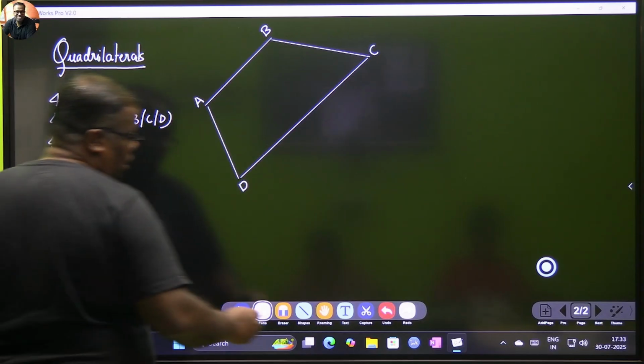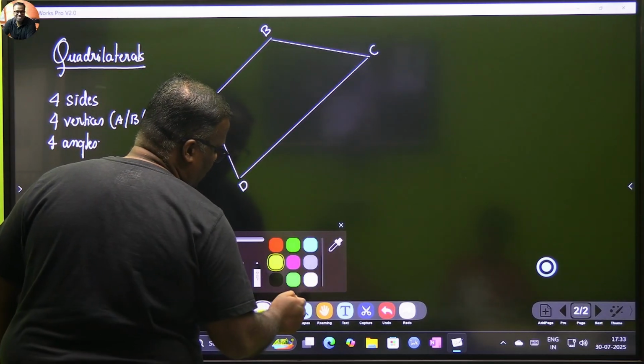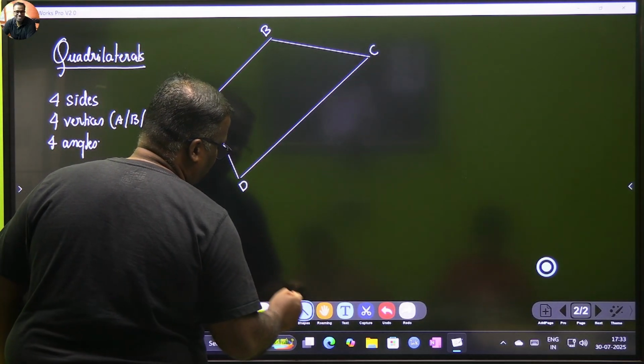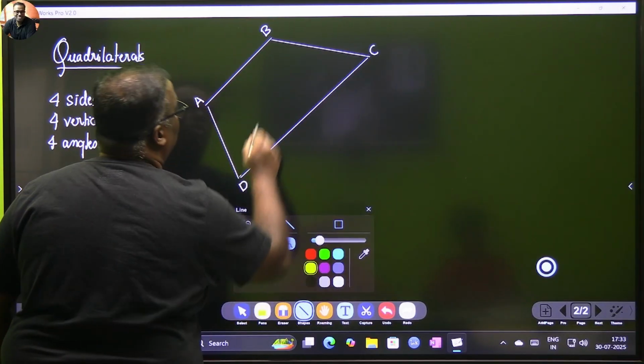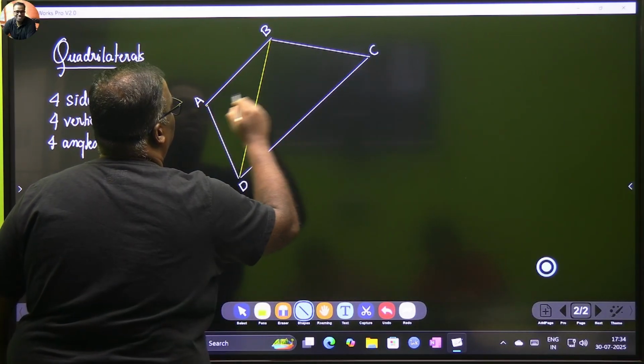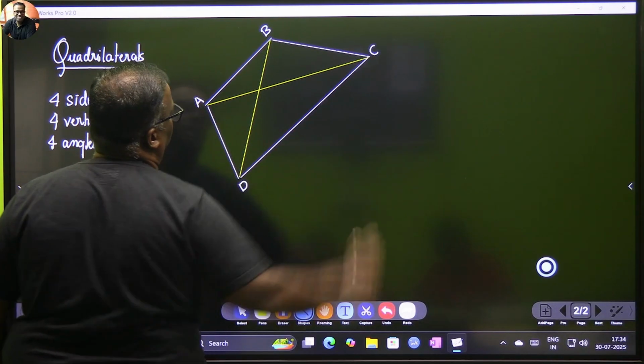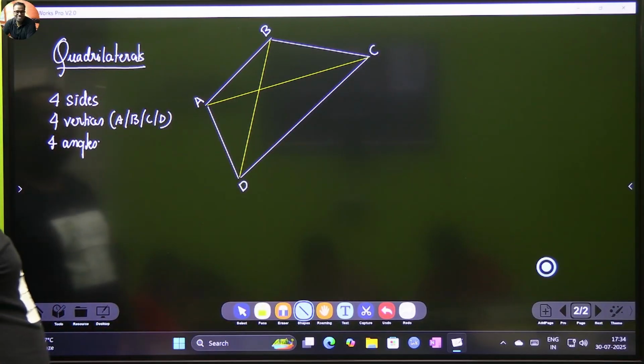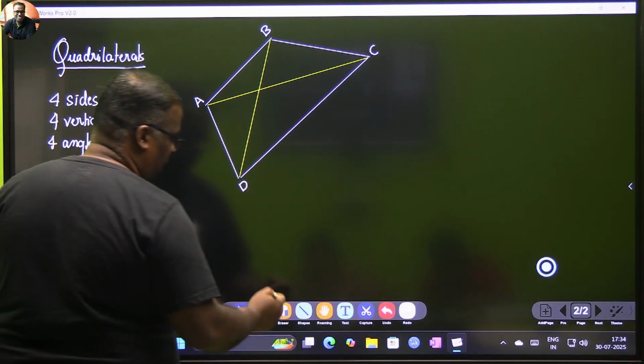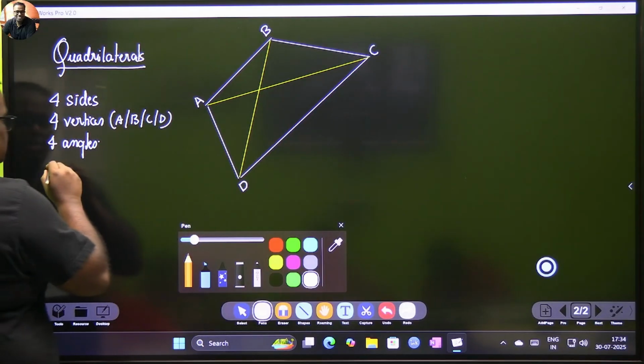And then two opposite vertices will always qualify to form what is known as the diagonal of that quadrilateral. So this is one diagonal and this is another diagonal. So we will have two diagonals also.